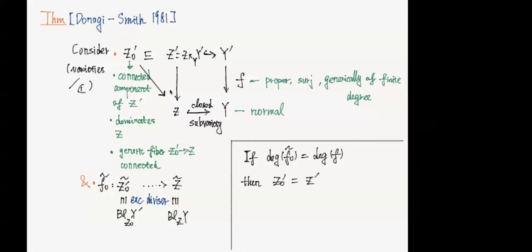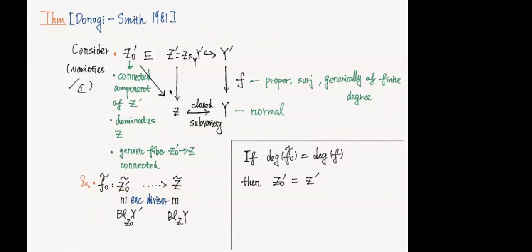Okay. And here, sorry, I forgot to say. I mean, in all of this, let's say Y prime and Y have the same dimension. Okay. And then under some assumptions like Z0 prime dominating this, after I blow up and I restrict it to exceptional divisors, I get a finite map, and I can talk about a finite rational map for which I can talk about the degree.